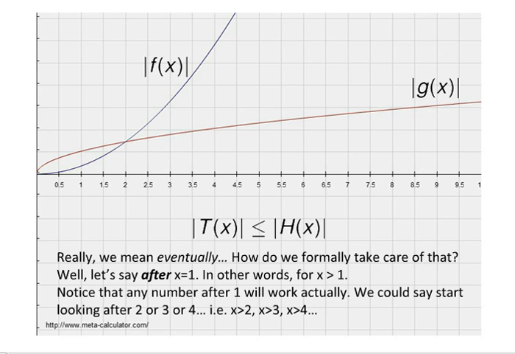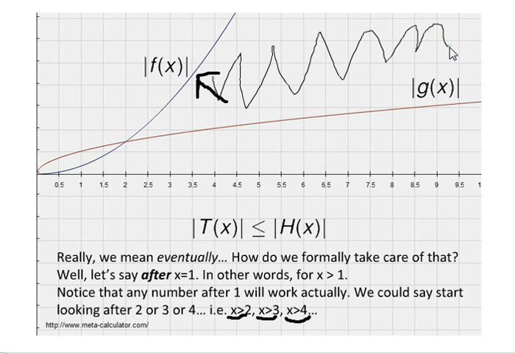Let's do a little recap. Oh, and also notice that if my blue function is greater than or equal to my red function after 1, then it's going to be greater than or equal to after 2, after 3, after 4, anywhere over here. After any of these x values, my blue function will always be greater than or equal to the red function.